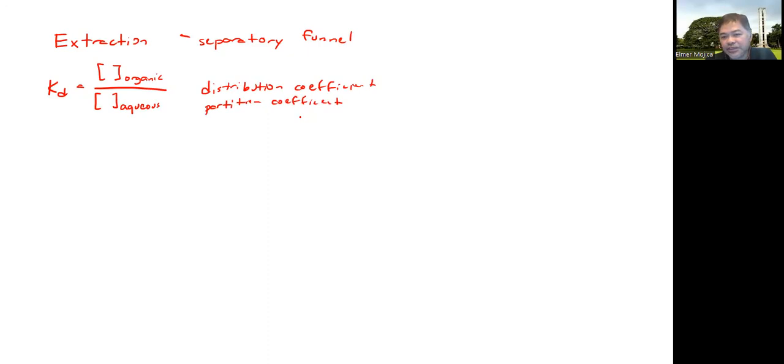What information does it tell us? So let's say if I have a value of KD, what does it mean? Let's say if I have a morphine, so if I have a value of around 6.0, what does it mean?